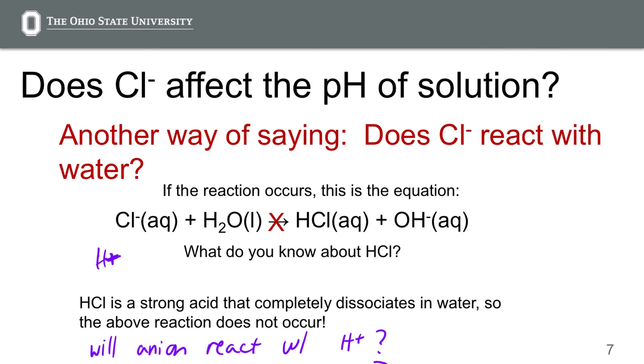Okay? So let's see if we react our chloride ion with water. So we're imagining the chloride ion is going to react with H+. If that were to happen, it would form HCl, right? But what do we know about HCl? It's a strong acid, completely dissociates in solution, and so that reaction will not occur, okay?